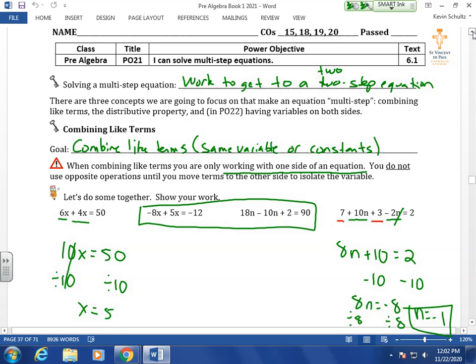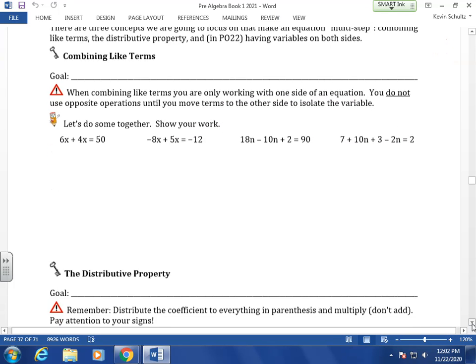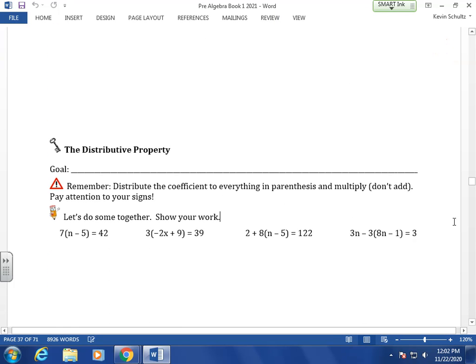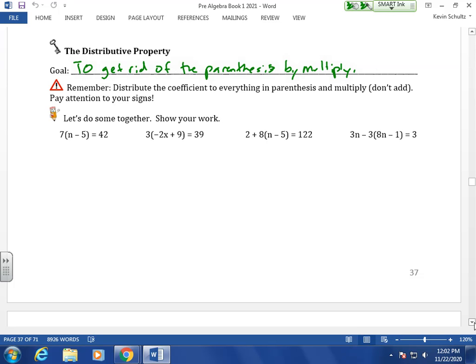Okay. The distributive property. Let's scroll on down. Distributive property. Okay. The goal of the distributive property is to get rid of the parentheses by multiplying each term on the inside by the coefficient on the outside. Sorry, I should have given you two lines for this one.